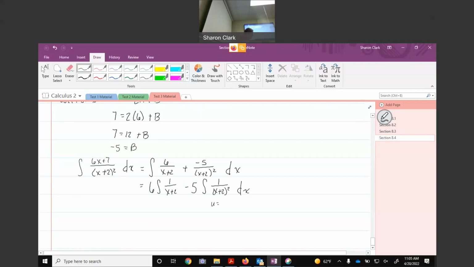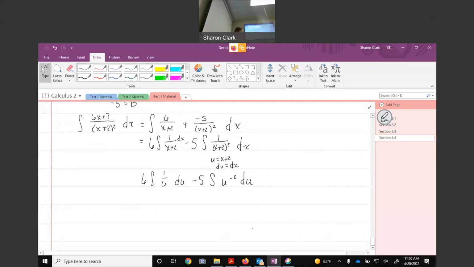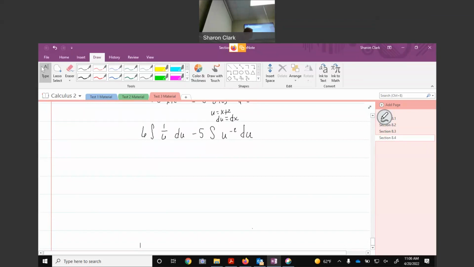We're going to let u equal x plus 2 and du equals dx. So 6 integral 1 over u du, minus 5 integral u to the negative 2 du. So that's 6 ln of u minus 5 u to the negative 1 over negative 1 plus C.